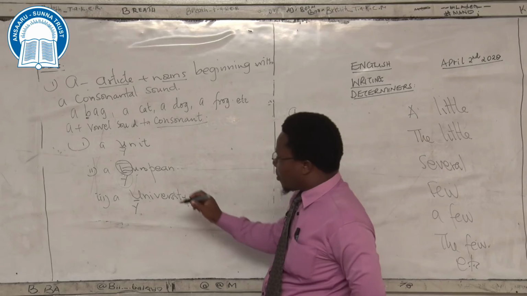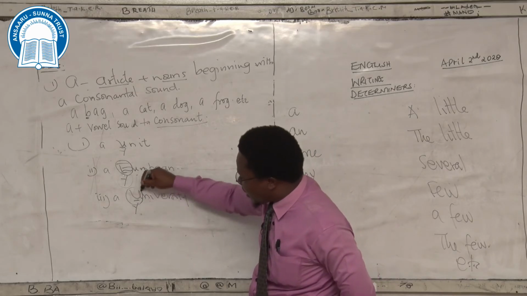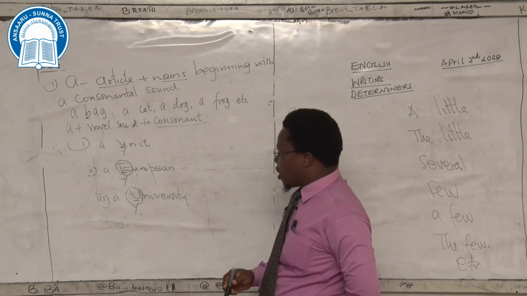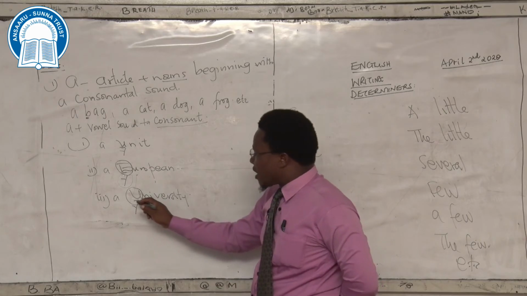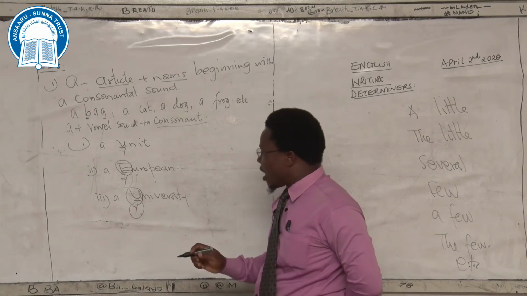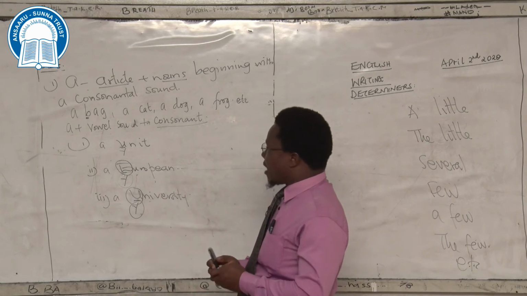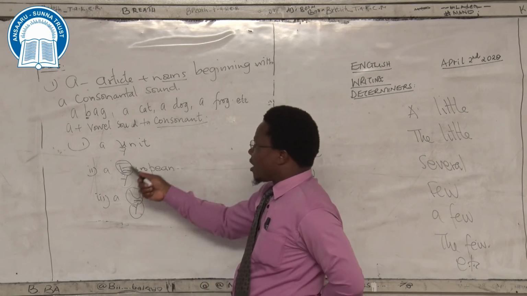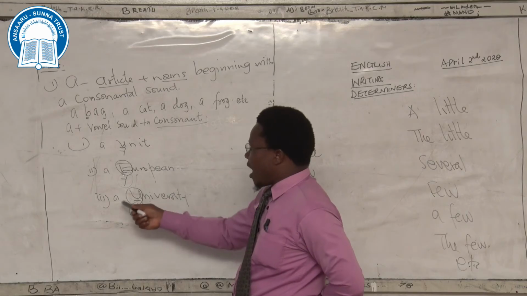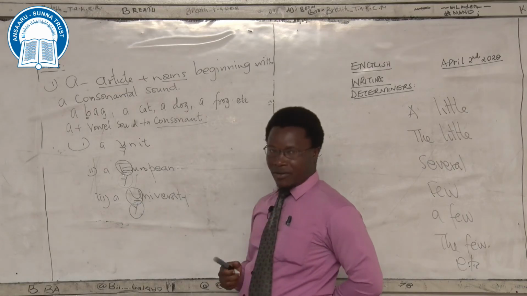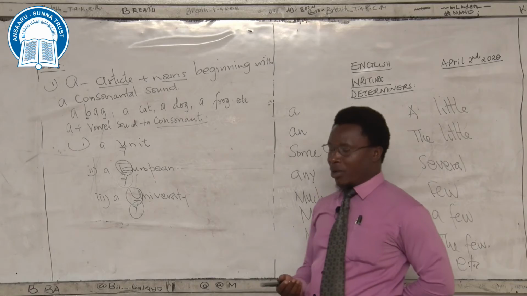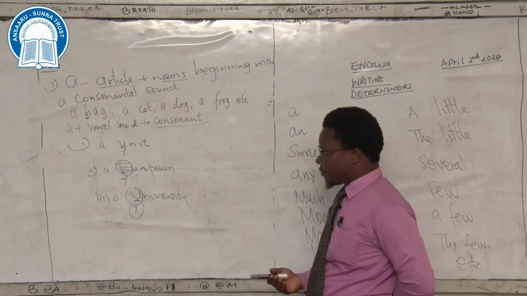It similarly applies to university, which as much as begins with Y, pronounced as that consonant Y, now takes a. So we shall read them as a unit, a European, a university. For example, a University of Nairobi, among others.